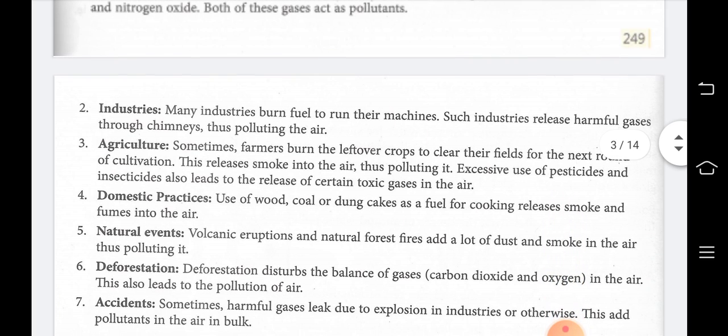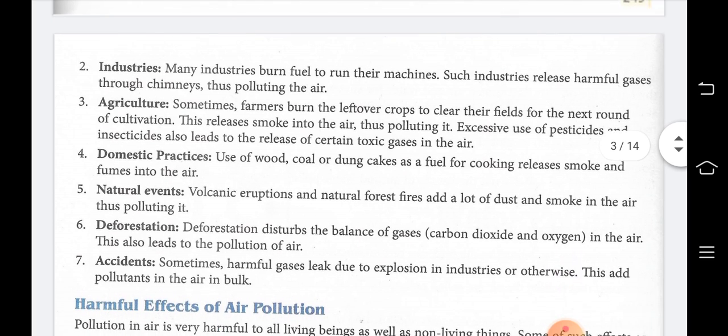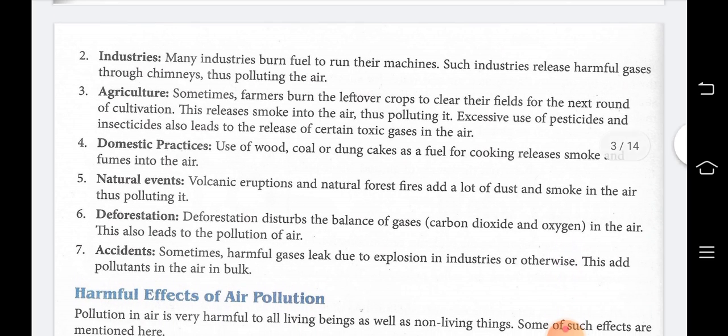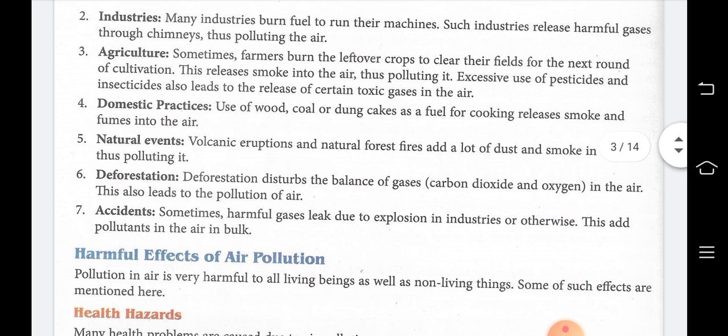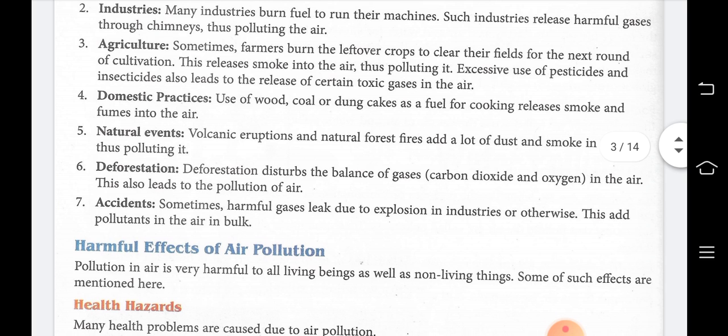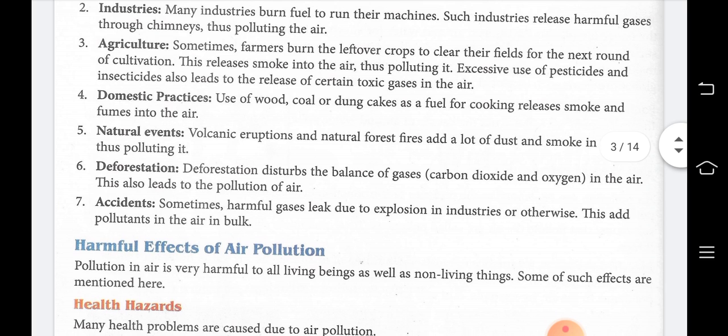Then many industries burn fuel to run their machines, and these industries release harmful gases through chimneys and pollute the air. Agriculture: sometimes farmers burn the leftover crop to clear their field for the next round of cultivation, and they release smoke into the air, thus polluting it.